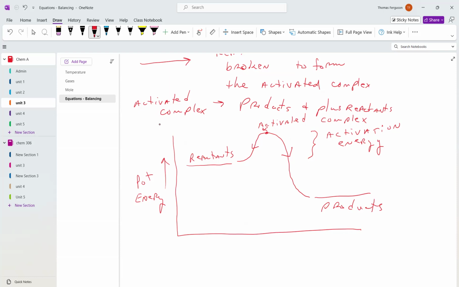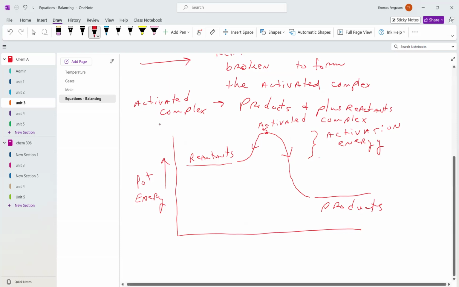Now, remember I said reactants to products plus energy. So this difference is the energy given off.